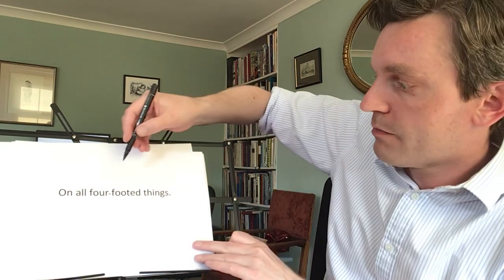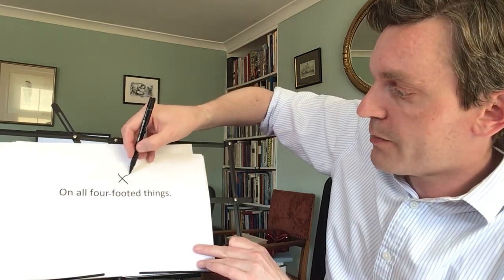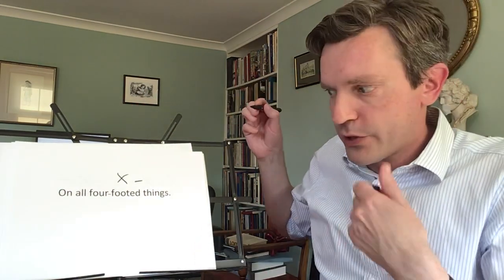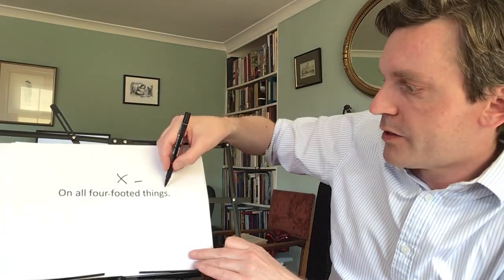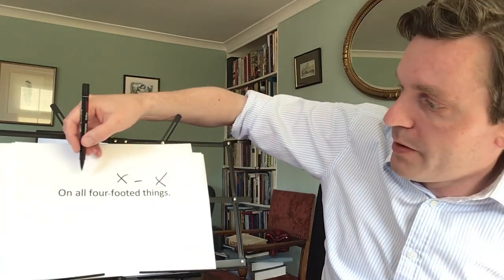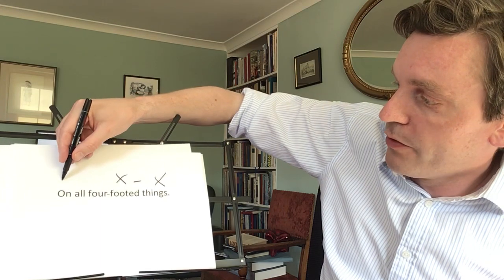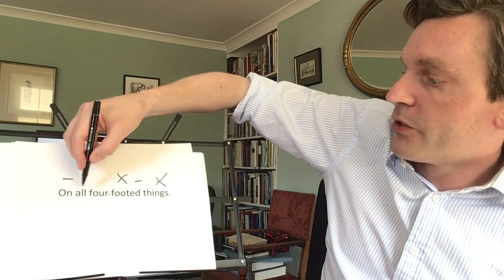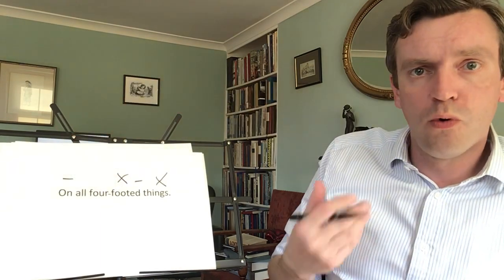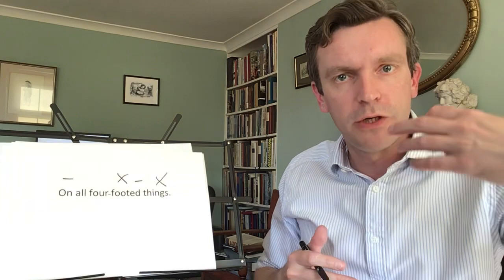Footed is 2 syllables, has to be stressed as footed, not footed. Things is going to be stressed, but I would say on definitely not stressed. I would say that stress falls on all, so you'd say on all 4-footed things rather than on all 4-footed things. It's just the rhythm which we've got going already.